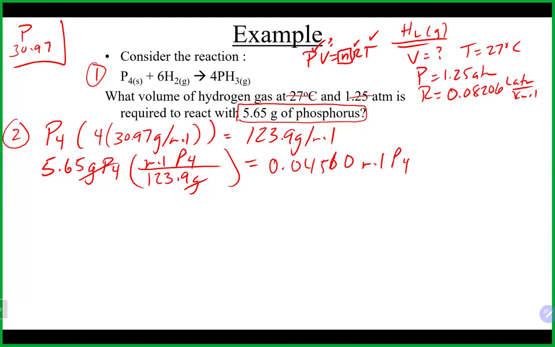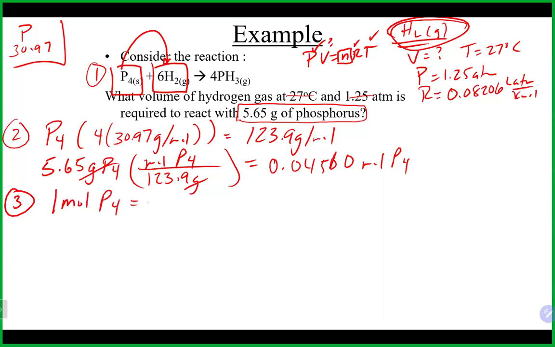Now that we have moles of P4, remember that we need to get to hydrogen, which is the gas here, and that's where the stoichiometry part of the calculation comes in. We look at the relationship between those two so that we can go from our P4 to our hydrogen. From the equation, we see that 1 mole of P4 gives us 6 moles of hydrogen.